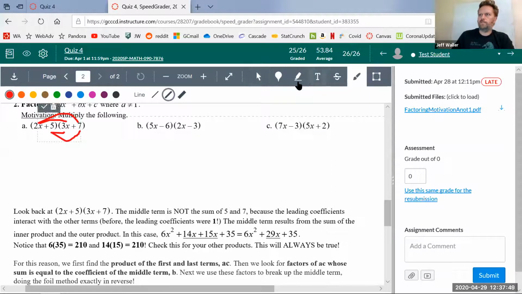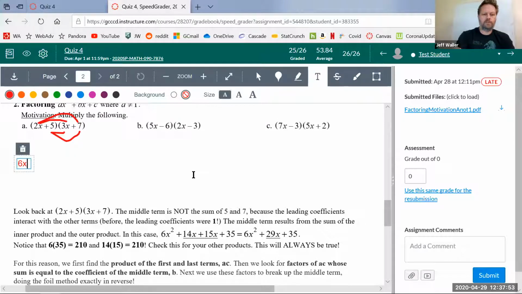That's the idea. 2x times 3x is 6x squared. And then I get 2x times 7. Now the 5 gets a turn. Now I distribute the 5 through. 5 times 3x is 15x, and then 5 times 7 is 35.